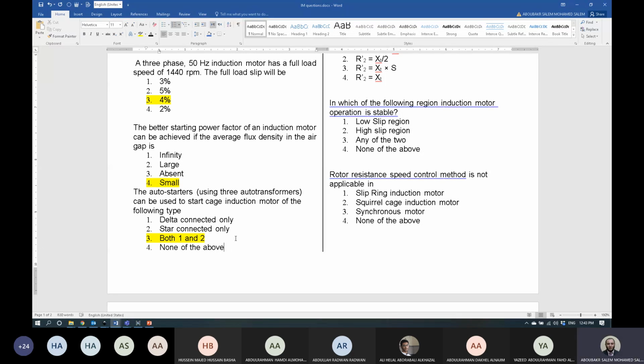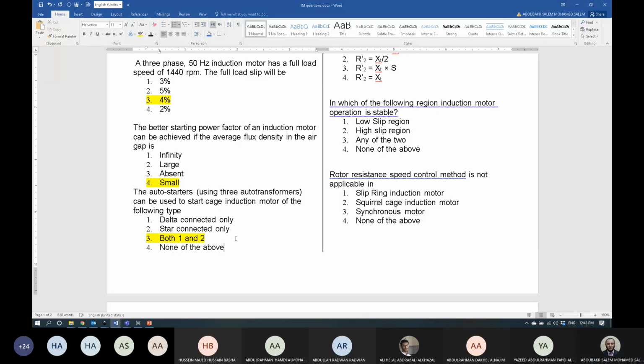We said in order to decrease starting current, we have 2 different ways, either decreasing the voltage or adding resistance to rotor circuit. Right? Adding resistance to rotor circuit is limited only to slip ring induction motor because we cannot add resistance to the squirrel cage. I mean, no terminals to add resistance to squirrel cage.